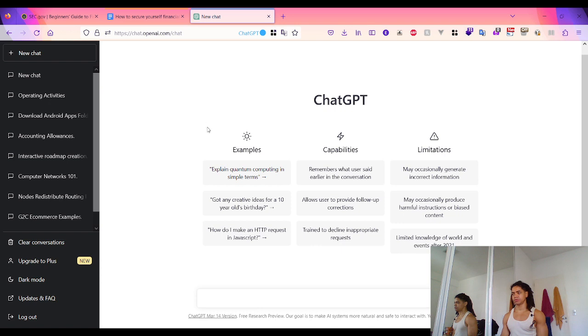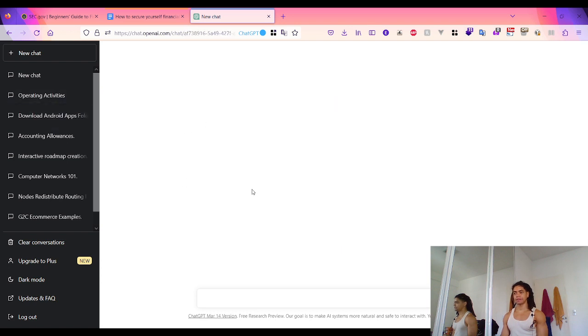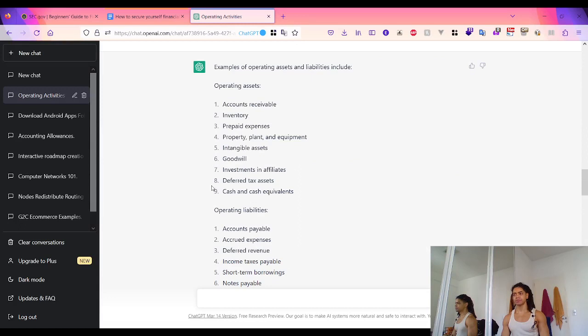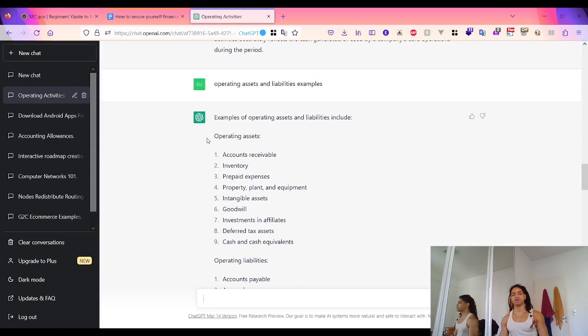Okay. So operating activities here. When we talk about operating assets, here are examples of operating assets and liabilities. These are things that allow the company to run and support its operations. So accounts receivable, in Spanish that is cuentas por cobrar, inventory, prepaid expenses, property, plant, and equipment.